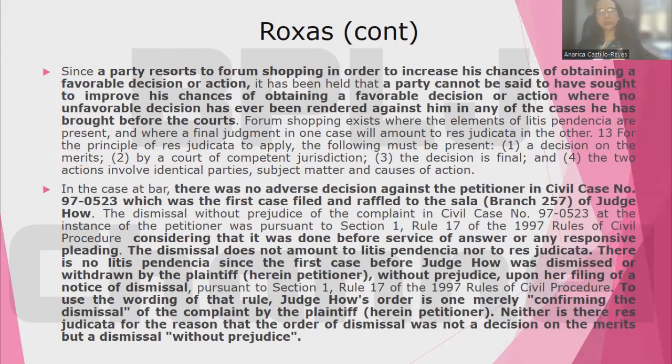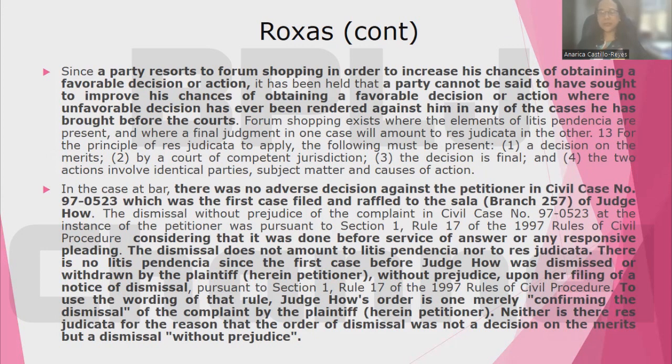Since a party resorts to forum shopping to increase his chances for a favorable decision, a party cannot be said to have sought to improve his chances of obtaining a favorable decision when no unfavorable decision was rendered in a case he has brought before the court.